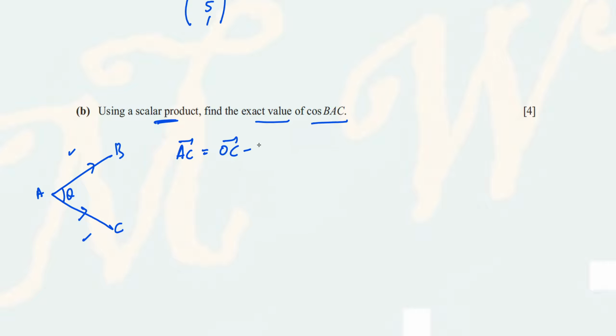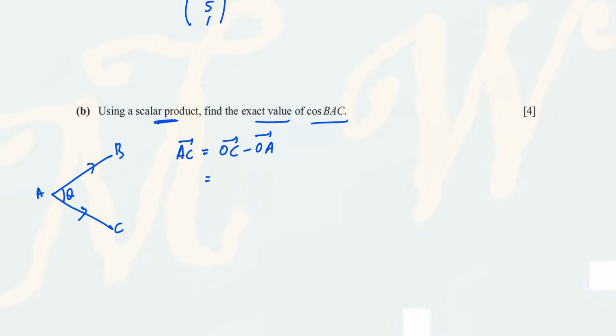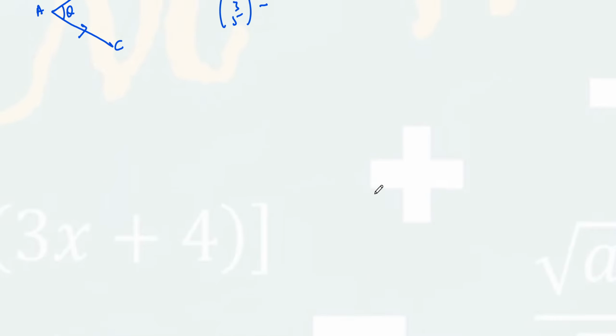AC is basically vector OC minus vector OA. Okay, so vector OC is 2, 3, 5 minus my A, which is 1, minus 4, 2.